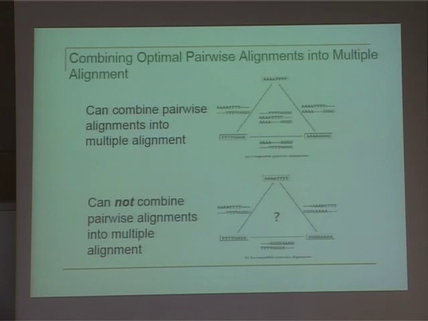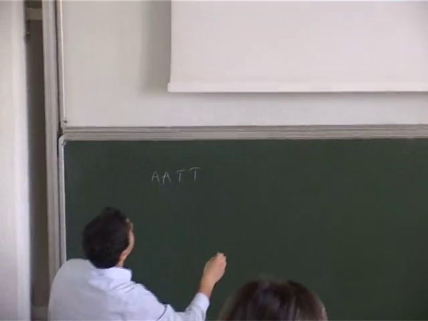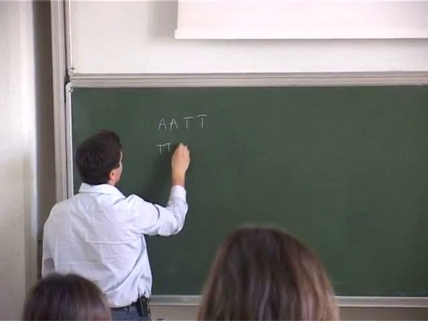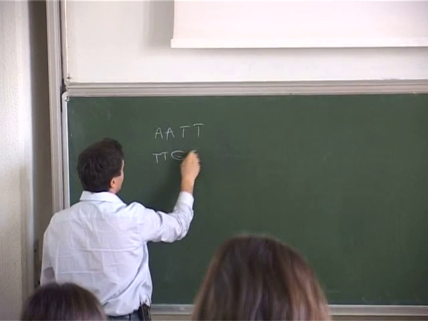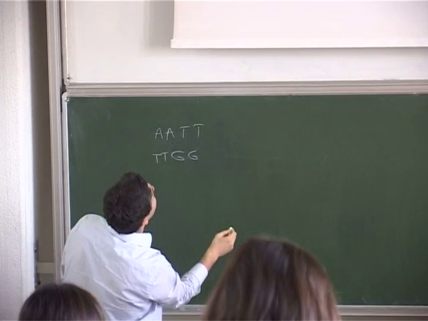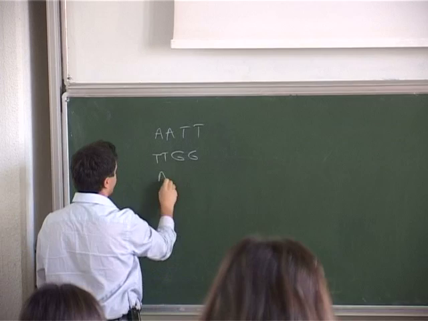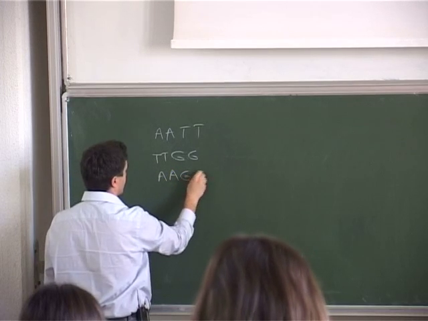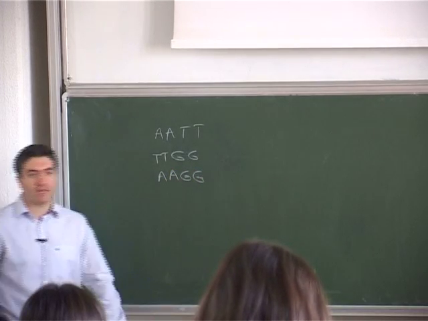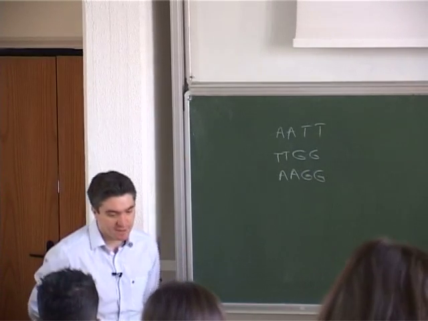I'm going to draw it on the board. So here's the alignment between AATT, TTGG, and AAGG. Imagine we try to align these three things.